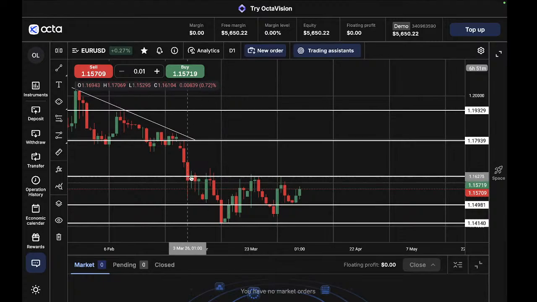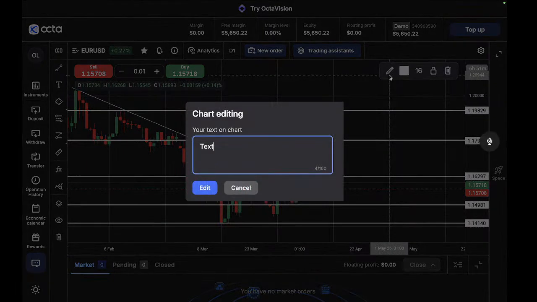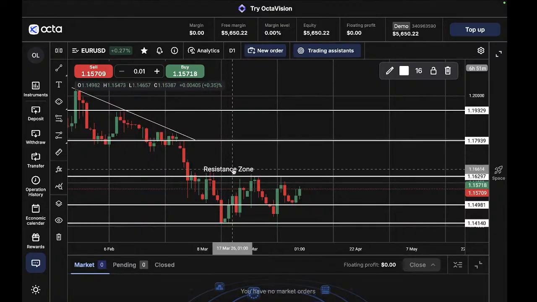When we look at this level, you see that this level now serves as a resistance zone. Let me just put it here. Let's label it together: resistance zone. All right, so this level serves as a resistance zone.